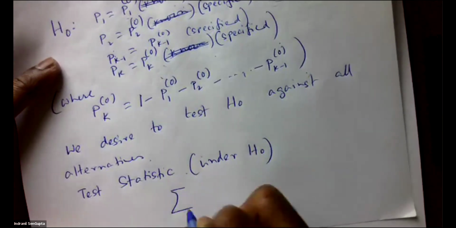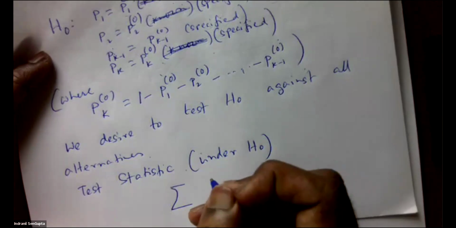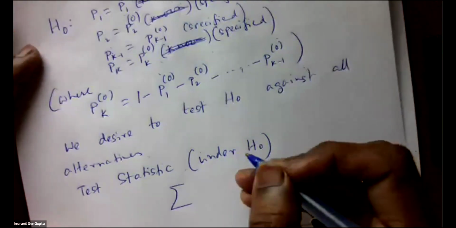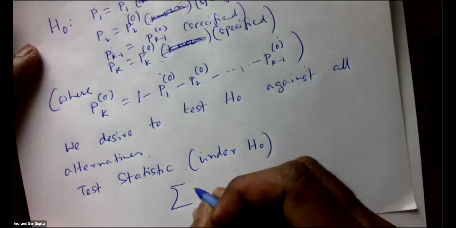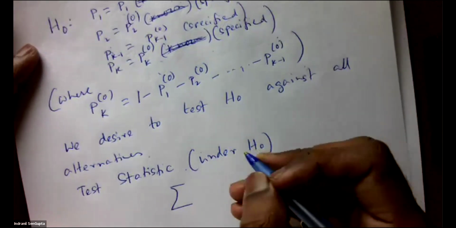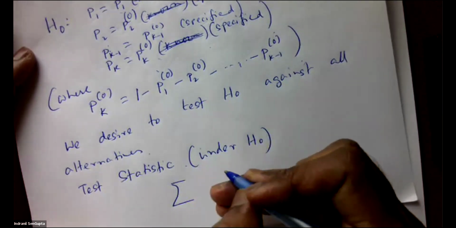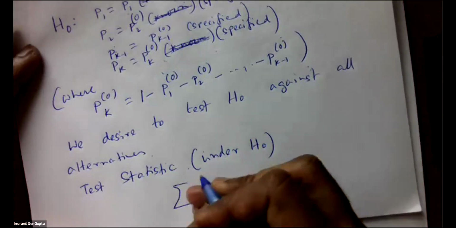Let's compute the summation of... there are two different ways of writing it, so I'm just debating which one I should write. Let me write this in the following way, and then I'll explain.